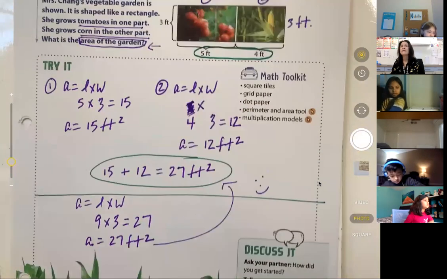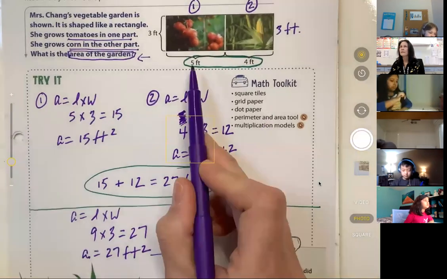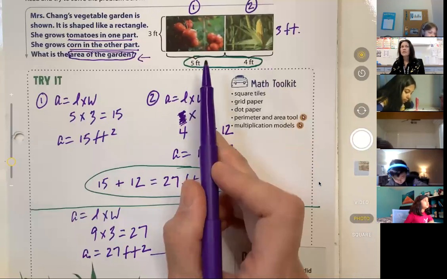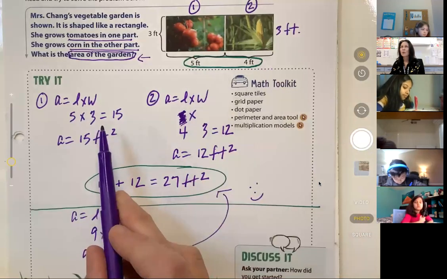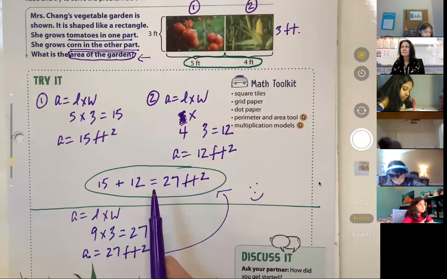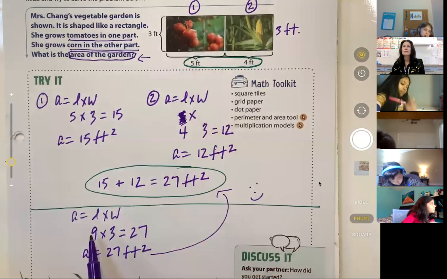So again, what did I do? I took the total length of the garden. I didn't do tomatoes, corn, tomatoes plus corn. I did the whole garden length, 9 in total.